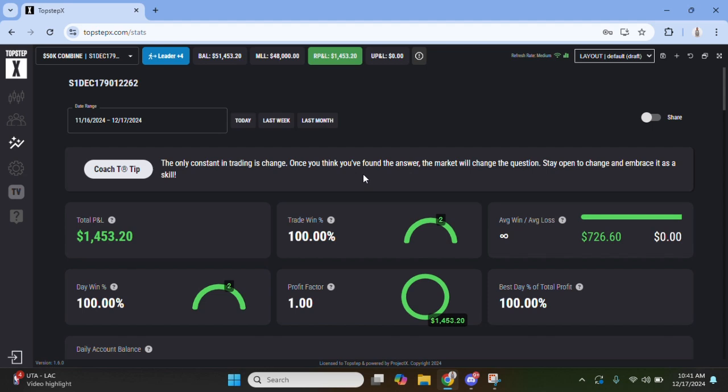I trade NQ during New York session. When I was on my XFA, I was trading gold there in London, and I just overtraded, did way too much, and went against my plan, my edge, my strategies, right?